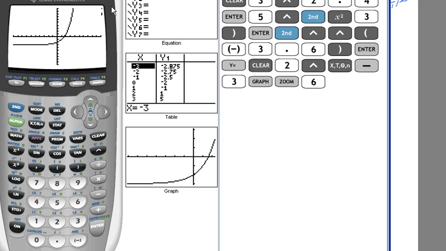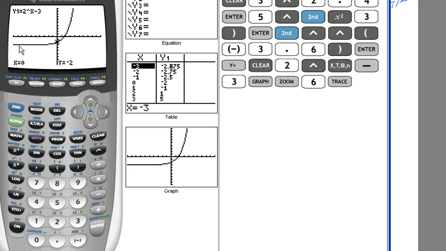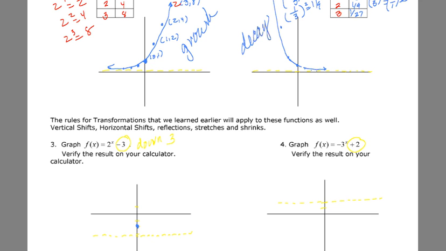Now what your calculator doesn't show you is that there is a horizontal asymptote here at -3, and if you hit the trace button, you can see your y-intercept is at 0, -2. It doesn't show you, but you need to know your asymptote is at -3. And so it shows us our curve, the basic shape of that exponential function.